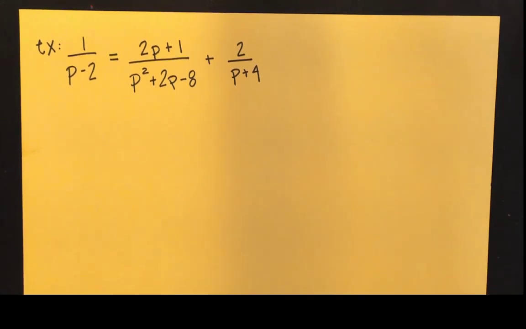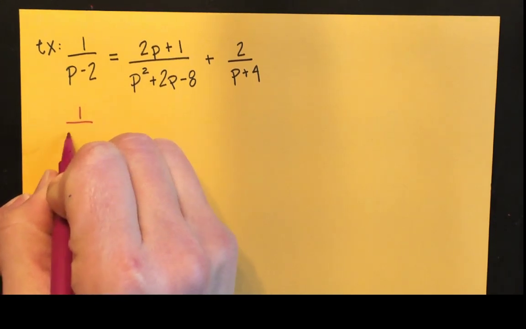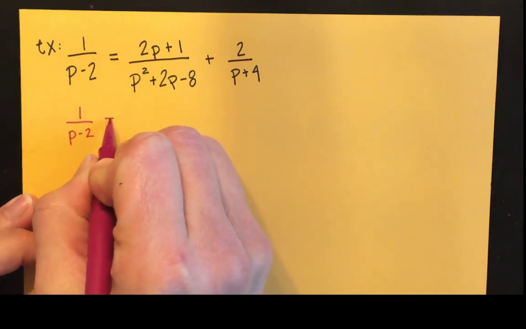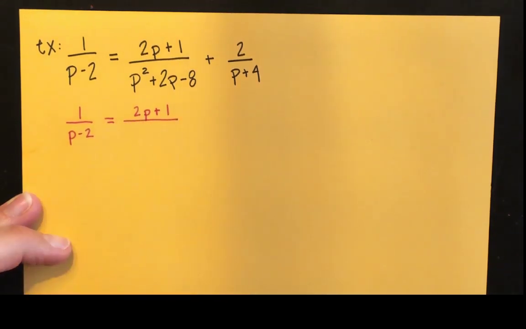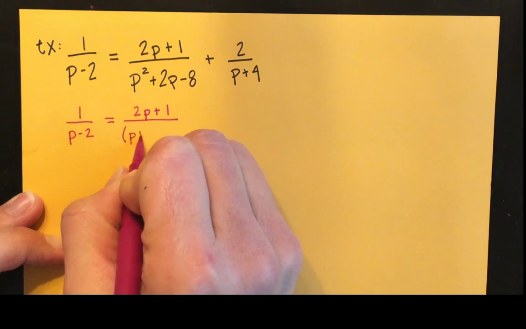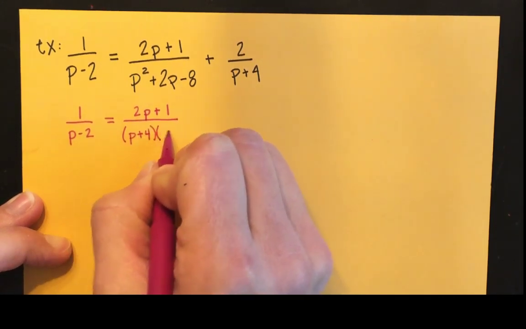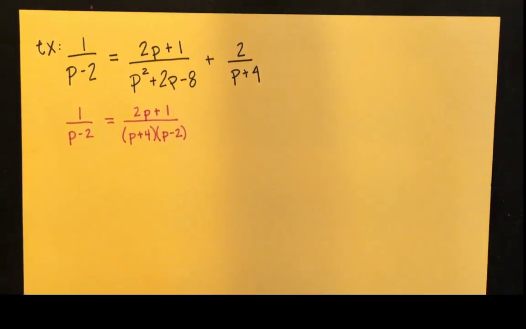All right, so as we go through this, I'm going to recopy. And when I recopy, I am going to factor the denominator so that I can get a better look at my common denominator. I know that p plus 4 and p minus 2 is what that quadratic factors into.